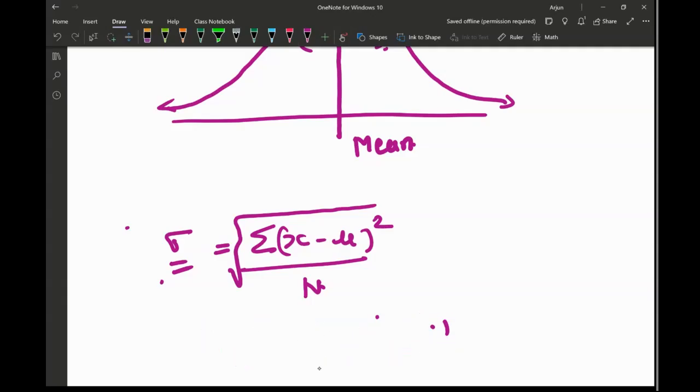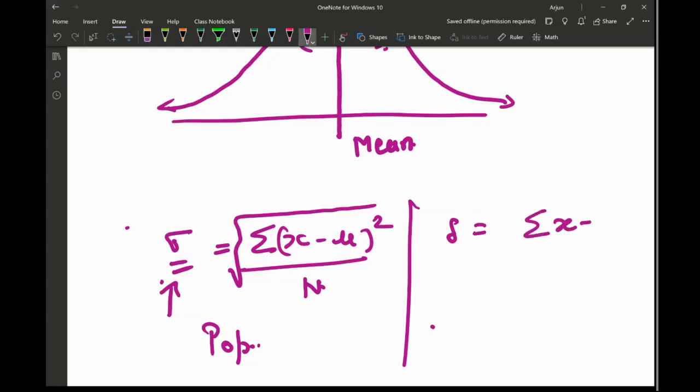Now, this is the standard deviation of a population. Then to calculate the standard deviation of a sample, the symbol is S. S will be equal to the square root of the sum of (x minus x bar) square divided by n minus 1.